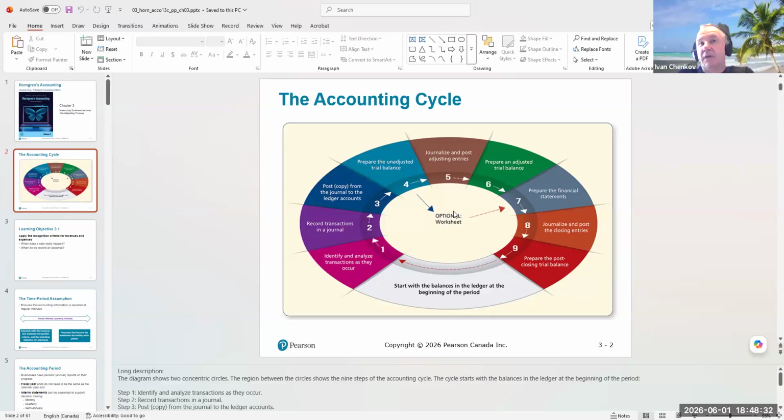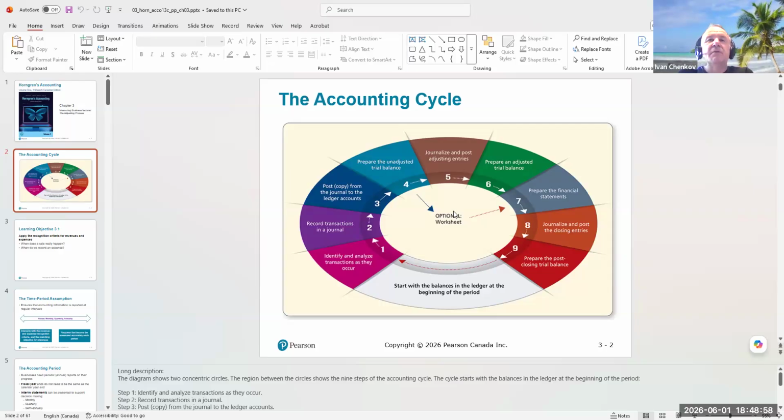Also, we have accounts, which help us organize our accounting system, and accounts are related to the assets on one side of the equation and liability and equity on the other side of the equation. When we do the transaction, we're going to post the transaction into the journal.